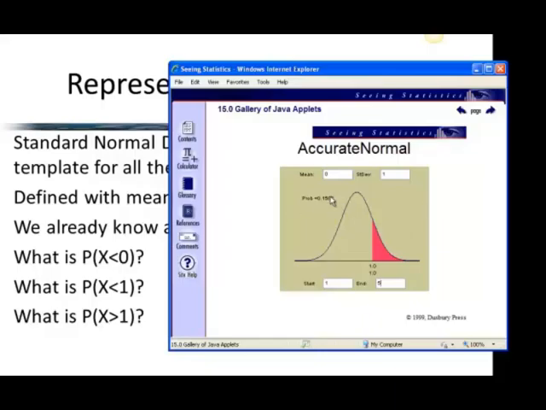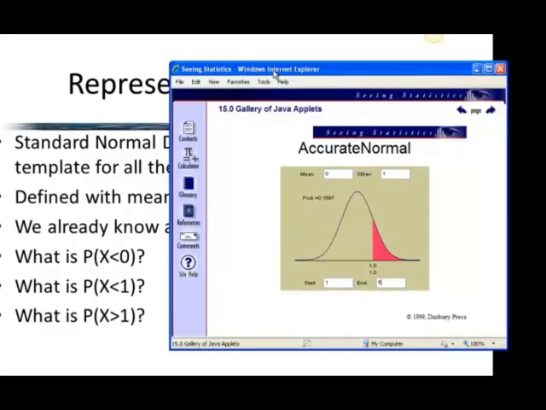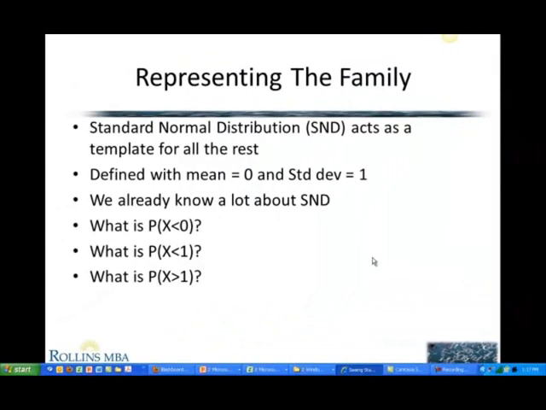And theoretically, it calculates out to 15.87%. And we'll take a look at doing those calculations very exactly now to get these sorts of numbers, and not just using our empirical rules, which we said were an approximation. So again, we know a lot about this distribution already.